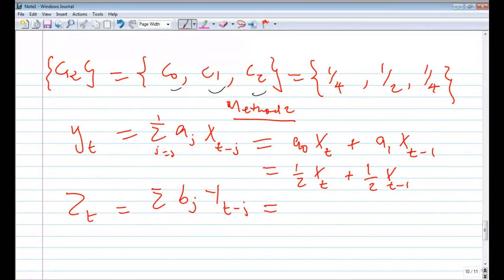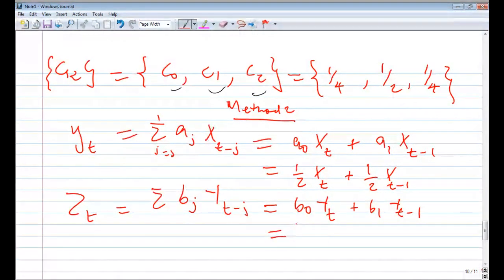This is equivalent to what? You do the same thing. So you're going to have b0, but instead of xt, you are going to have yt, plus b1 yt minus 1. Are we together?